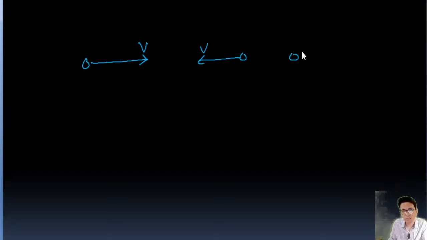The mass of each is 1 GeV per c square, and the mass of the new particle is 10 GeV per c square.